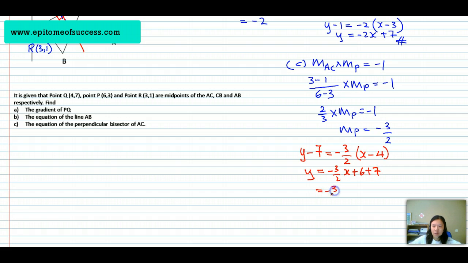So it's -3 over 2 x plus 13. That's y. If you want to rewrite it, it's okay. 2y equals -3x plus 26. Yeah, times everything with 2, so it looks nicer without the fraction. Okay, so that's basically it.